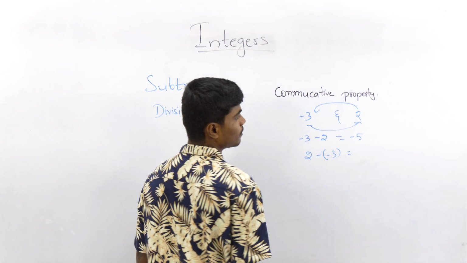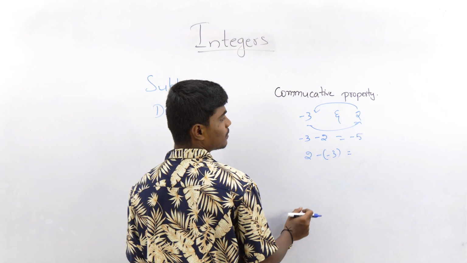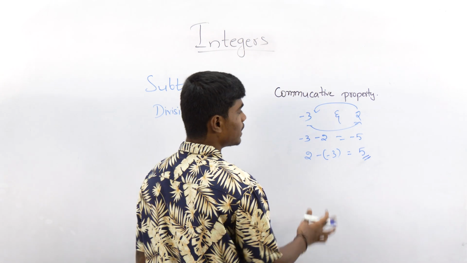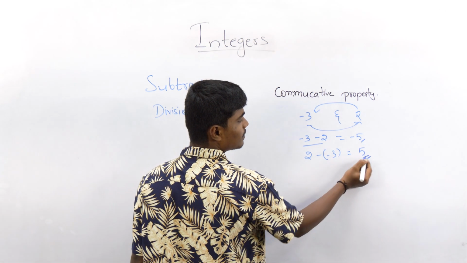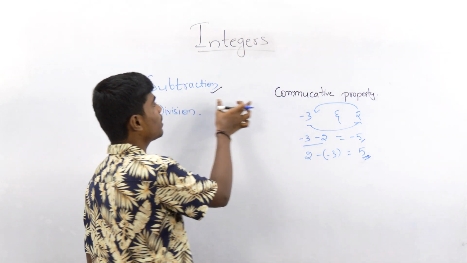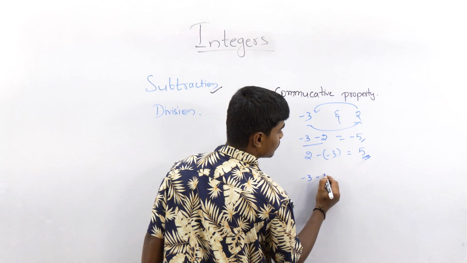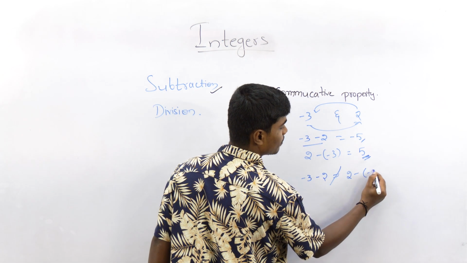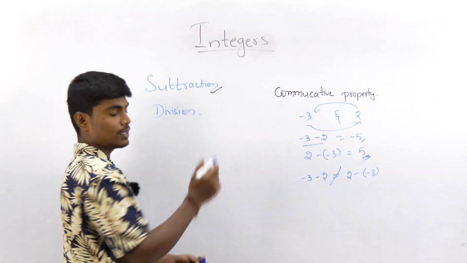Minus into minus means plus. 2 plus 3 is 5. See here, -3 minus 2 results in -5 and 2 minus -3 results in 5. So the commutative property is not suitable for subtraction, as -3 minus 2 is not equal to 2 minus -3.